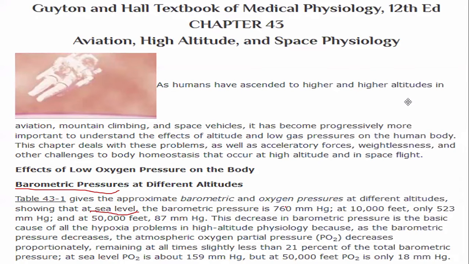I don't think you will have difficulty memorizing it, because you want to maintain an average of 75 in your exams for passing. So 760 millimeters mercury. At 10,000 feet, 523. At 50,000 feet, 87, meaning it's decreasing.